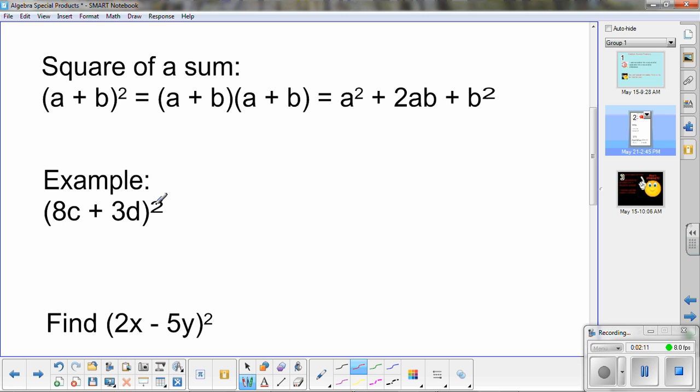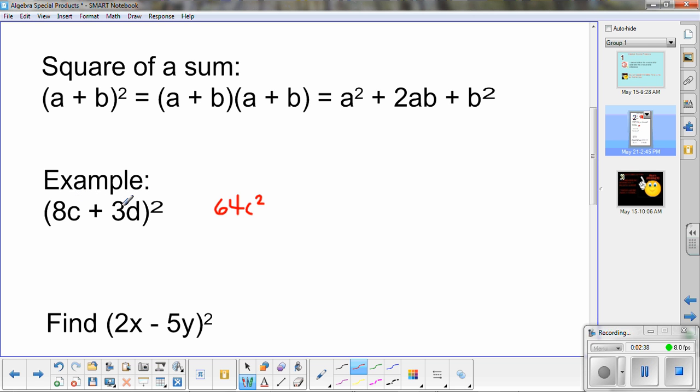Let's go ahead and try this next example using what we just discovered. We want to take the first term and square it. So 8c squared is going to be 64c squared, because 8 squared and c squared is 64c squared. Now our middle term is going to be multiplying these two together and then doubling it.